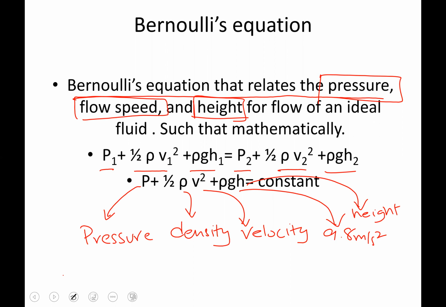Now this is equal to a constant. So Bernoulli's equation is basically the relationship between all these quantities, and they all relate to each other and are equal to a constant value.